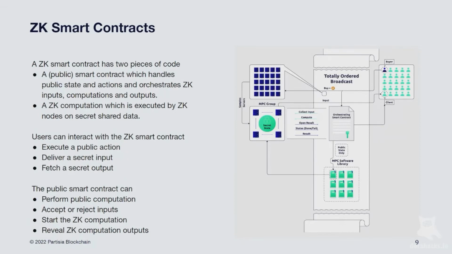So this pretty strong model allows you to create arbitrary kinds of contracts where you do the orchestrations on the blockchain, and you can perform the actual computations on secret data that is kept secret from all of the users, from anyone who's monitoring the blockchain, but also from the actual nodes that are running the computation as part of this MPC group.